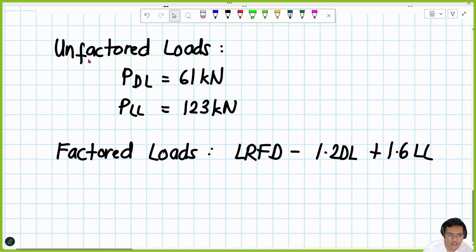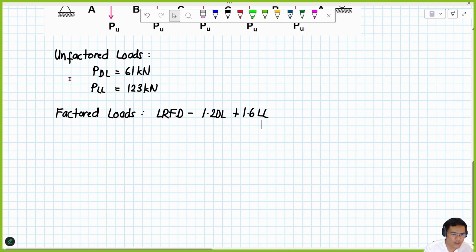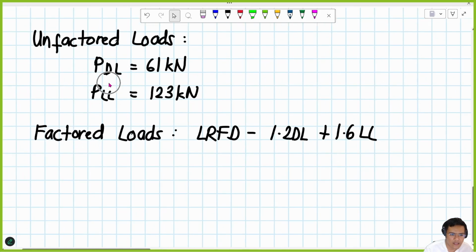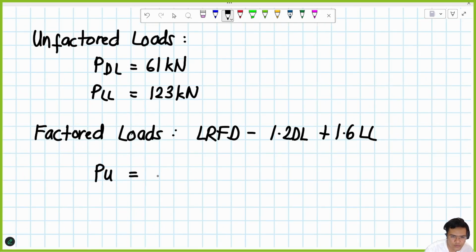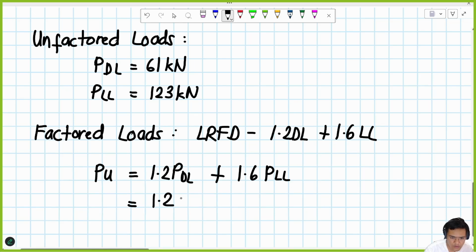Service load kasi yung given or unfactored loads. So we could calculate na yung value ng ating P sub U. So we would have P sub U equals 1.2 P sub DL plus 1.6 P sub LL. Now plugging in our values, we would have 1.2 times dead load, which is 61, plus 1.6 times live load, which is 123.